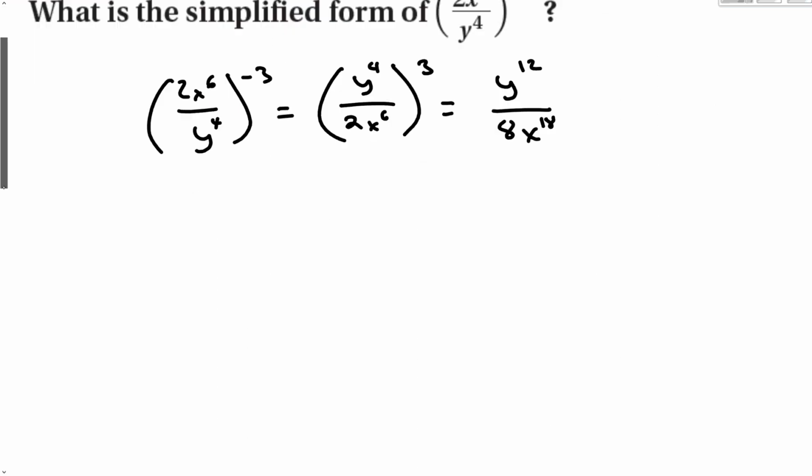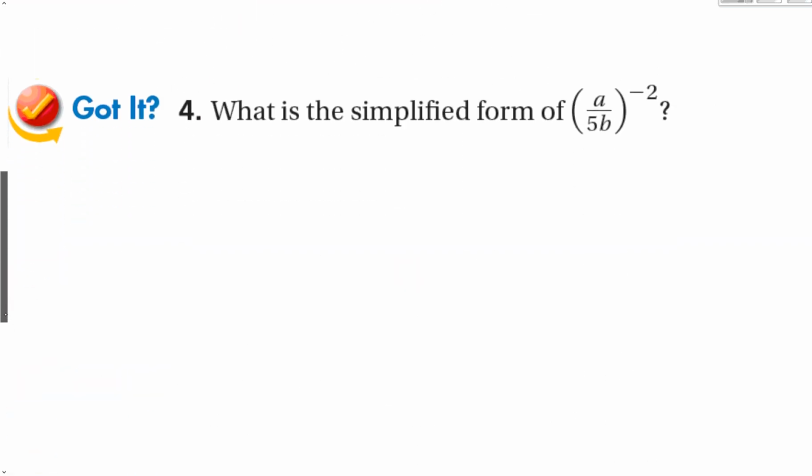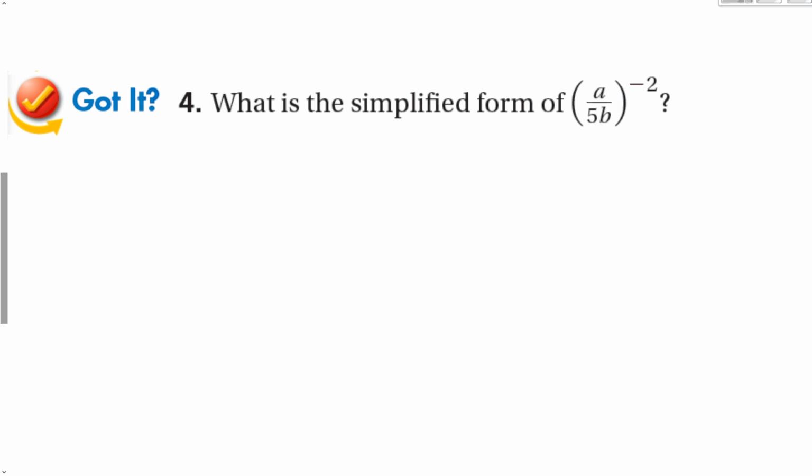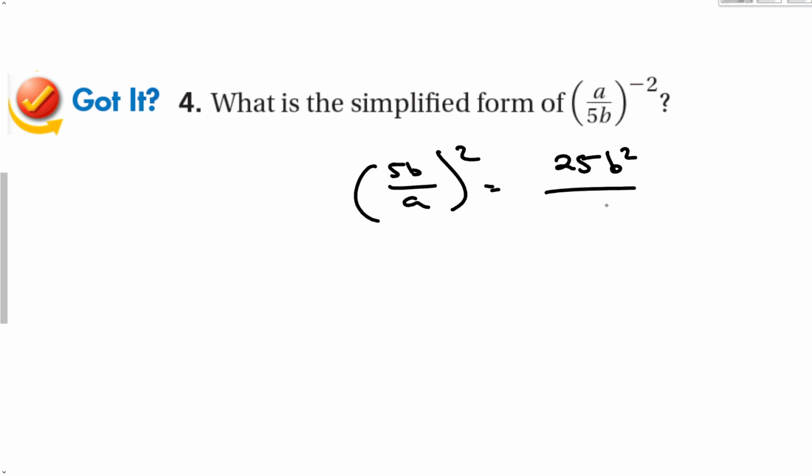Let's look at another one of those. Again, flip the fraction, 5b over a, and raise it to the positive 2 power, which gives me 25b squared over a squared. And then, of course, look and see if there's anything else I can simplify or cancel out, which there is not.